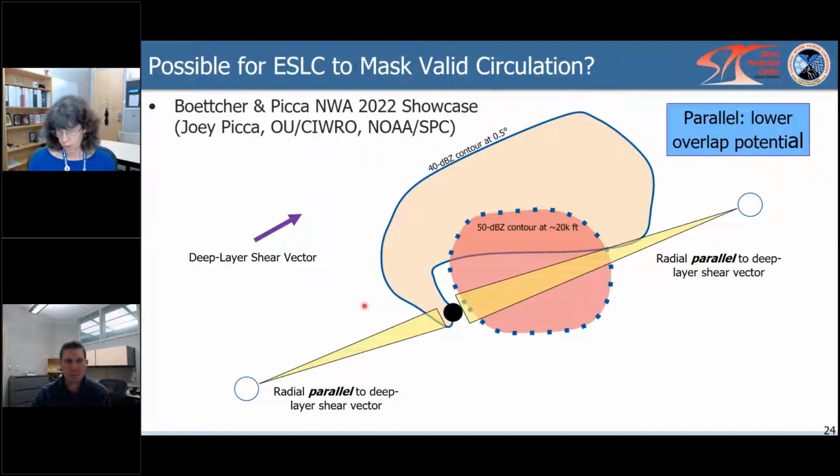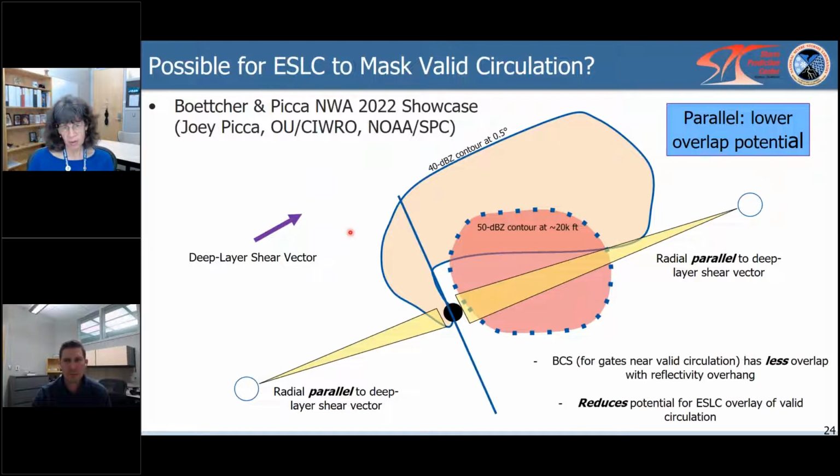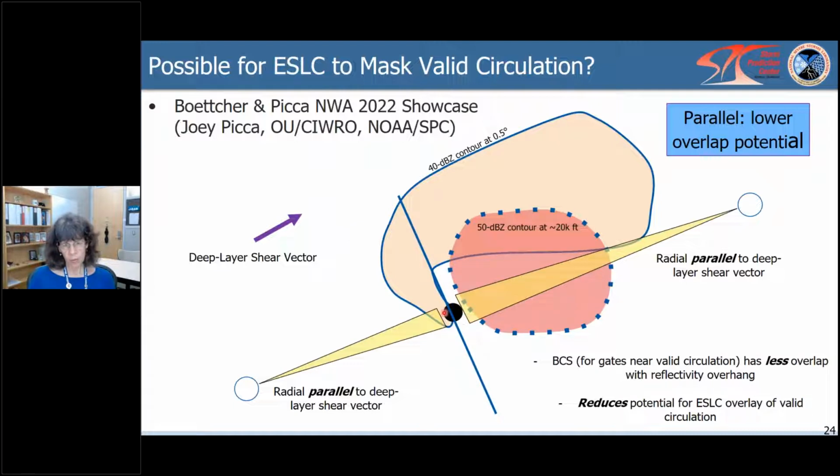So what happens when you apply the Boettcher cross section from either one of the radars? Remember, it's perpendicular to the radar. Well, look at what we're grabbing with this cross section. We are not capturing very much of the overhang. This is going to decrease the amount of sidelobe contamination that can interfere with this sweet spot for a valid circulation.